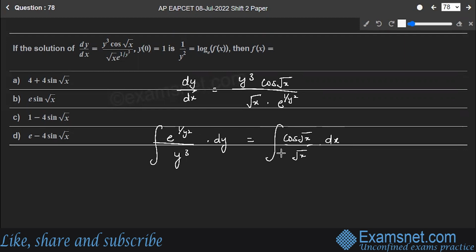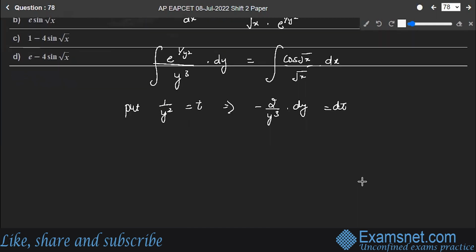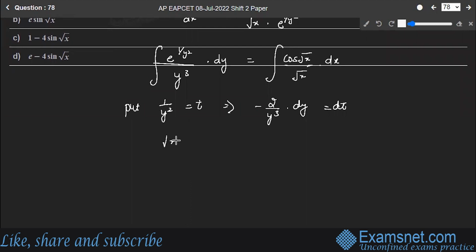Now, this can't be solved directly, so I'll be putting something. 1 by y² is equal to t, which gives me minus 2/y³ into dy is equal to dt. Another thing, I'll be putting √x is equal to u. If √x is equal to u, then du will be equal to 1 by 2√x into dx. We got all the things.